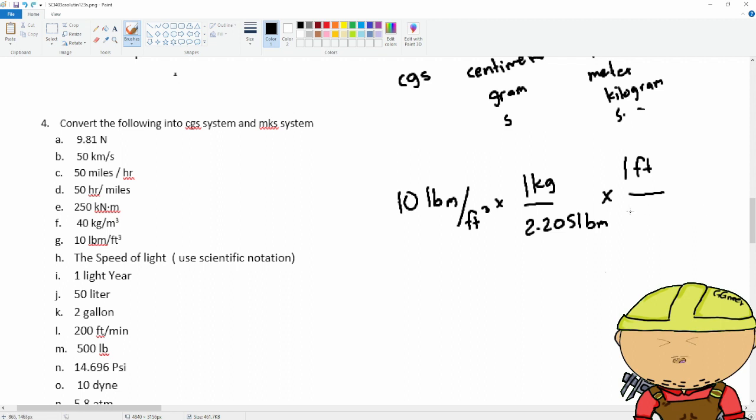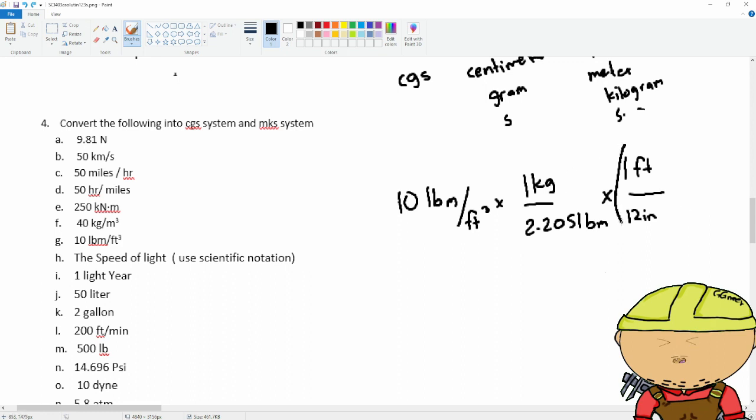Or we can use the conversion 1 feet is equal to 12 inches, then 1 inch is equal to 0.0254 meter. And because that is length, we're gonna cube this.